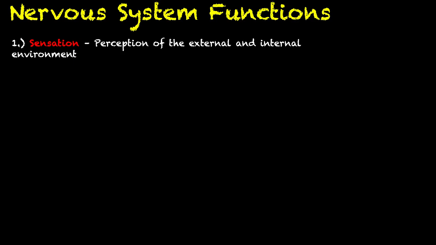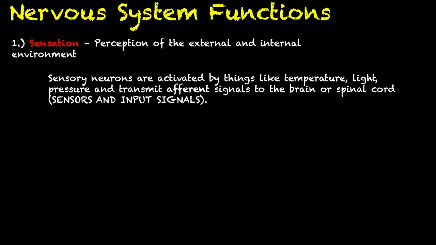Okay, so we're starting to wrap up this lecture, so let's talk about some nervous system functions, most of which you've probably already been able to figure out on your own. First, the nervous system functions in sensation and perception of the external and internal environment.